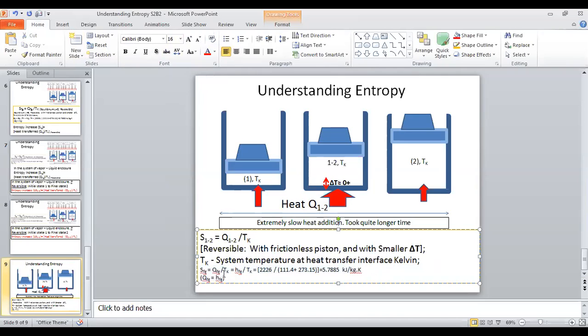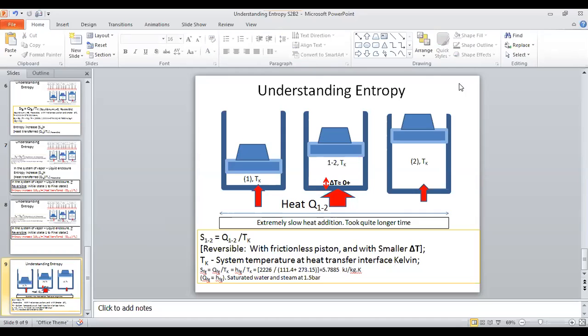This is saturated water and steam at 1.5 bar. So that's a case. So you have some understanding of this, understanding entropy. Okay, very interesting.